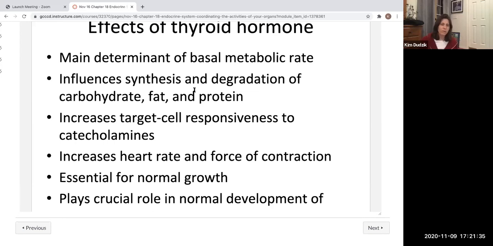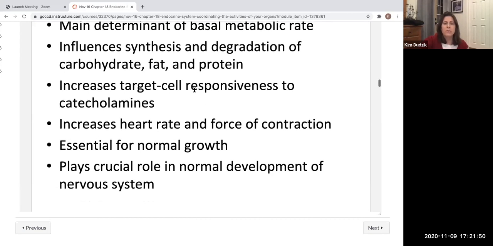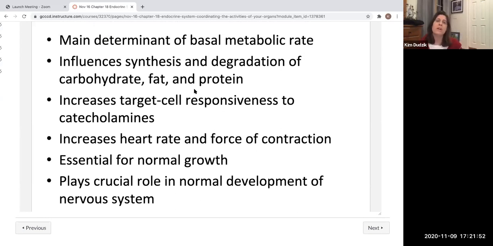So therefore, the next one is true. It increases heart rate and the force of contraction. Okay, it's also essential for normal growth. It also works with growth hormone as well. Okay, and it plays a crucial role in the normal development of the nervous system from the fetal stages of development when you're in the womb.